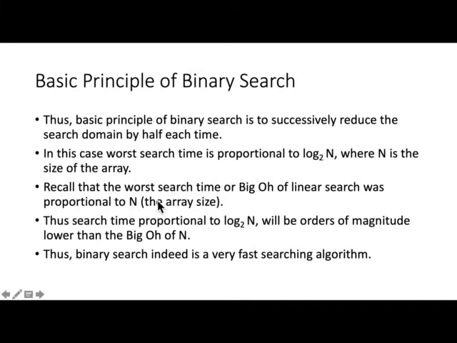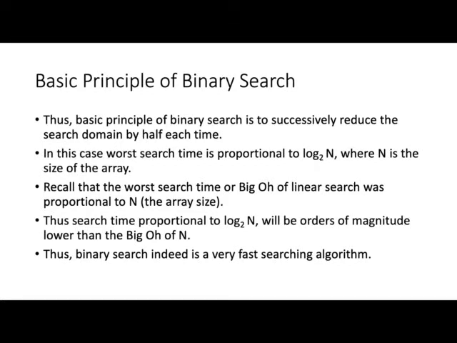And you remember that worst search time, or big O of linear search, was proportional to n, the size of the array. So if I improve that to log n, that is an order of magnitude lower than big O of n. So binary search is indeed a very fast searching technology. Of course, you require the array to be sorted, and in the current day there are some very fast sorting algorithms that accomplish sorting also very fast.